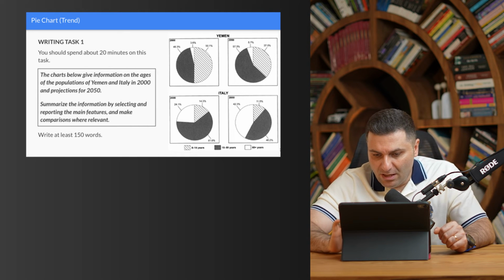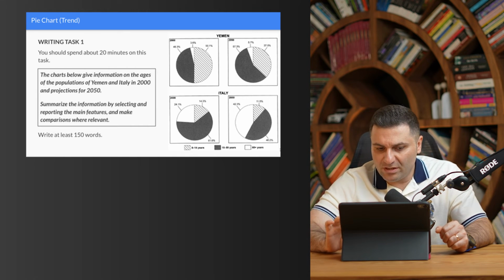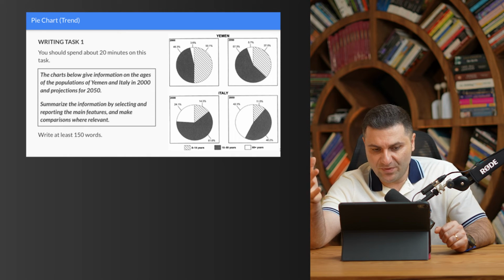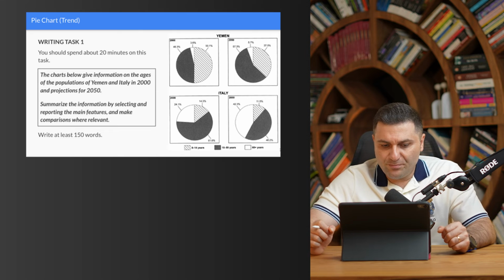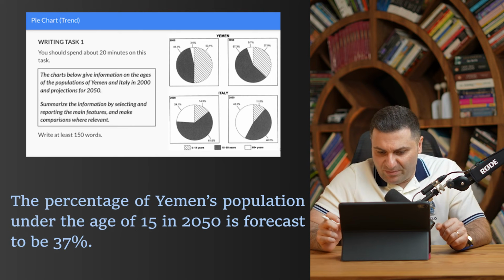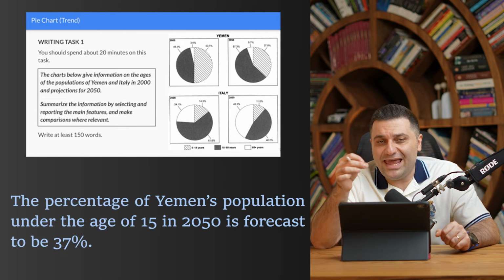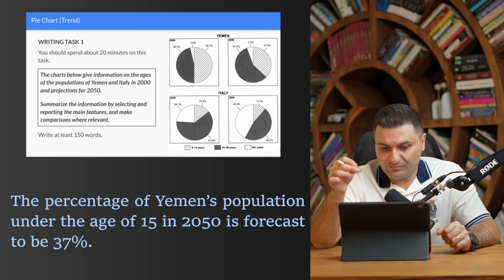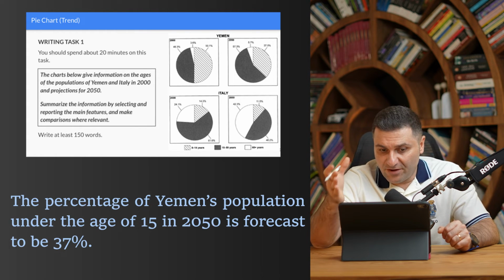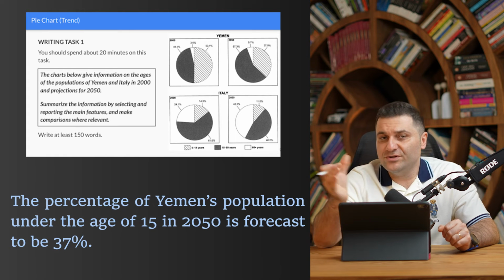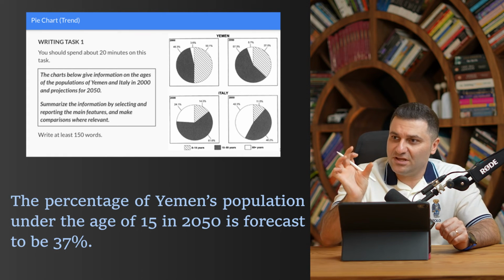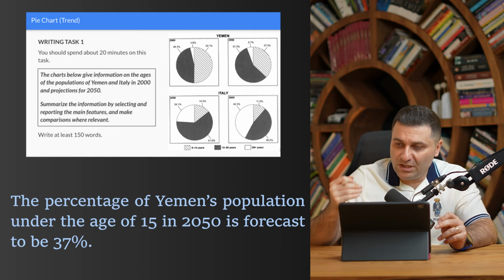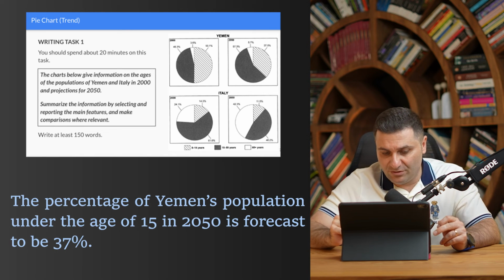So we're going to make two sentences here about future tense. The first one: the percentage of Yemen's population under the age of 15 in 2050 is forecast to be 37%. As you can see, I use the structure is forecast to be when I want to talk about the future.